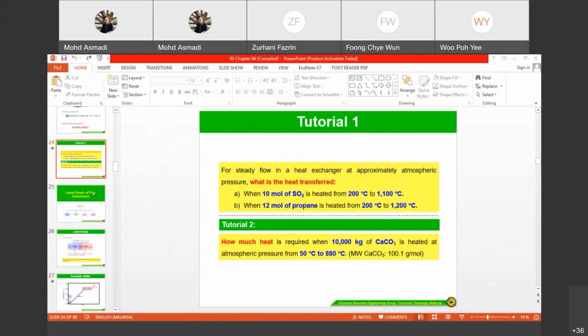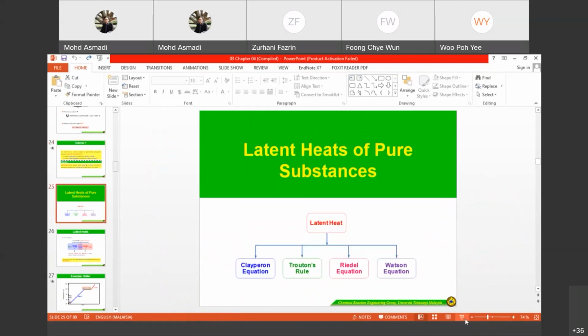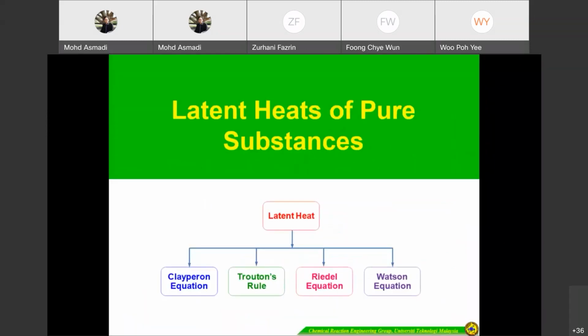Any questions about the sensible heat? Any questions before we move to the latent heat? You have to remember two cases. If T naught and T are given, we have to calculate Q. If T, the final temperature, is not given, and Q is given, you have to calculate the final temperature.